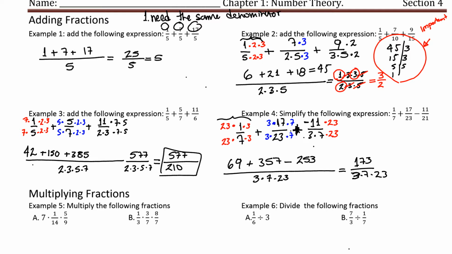As it turns out, it doesn't look like it's divisible by any of the three numbers. So that is its simplest form. We just have to change the denominator into a single number, which is 483.